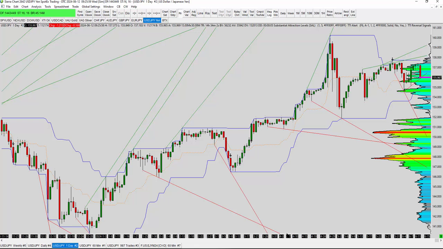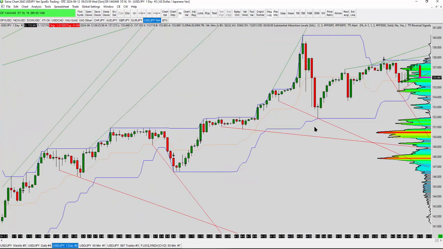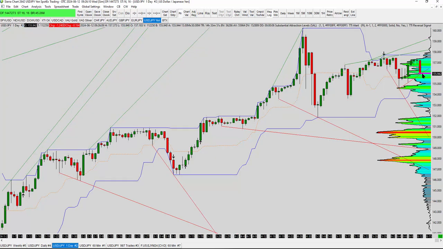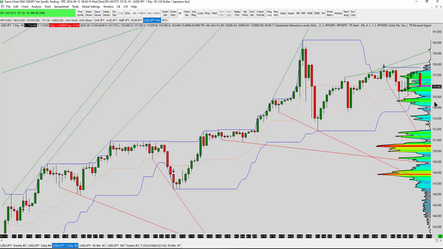Now, that being said, looking at the US yen, we understand the US is getting stronger against the yen. And today we had CPI news and the US dollar took a big hit and it's coming down, right? But where we are sitting now on the yen, on the US yen, you have to be very careful because we are at a level of rejection.